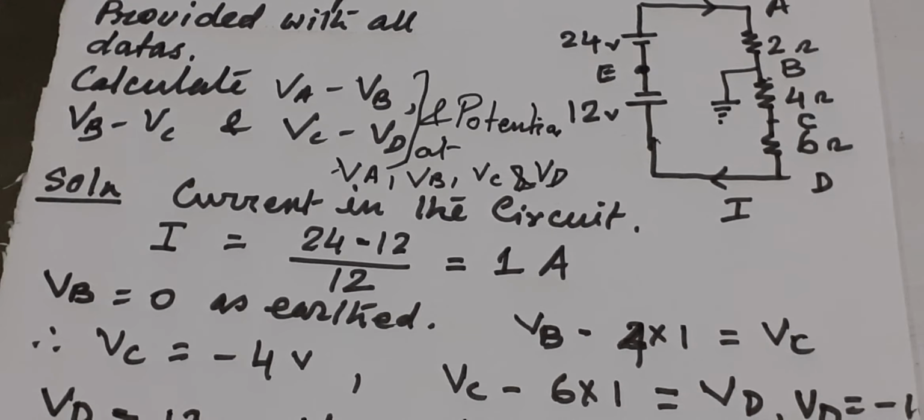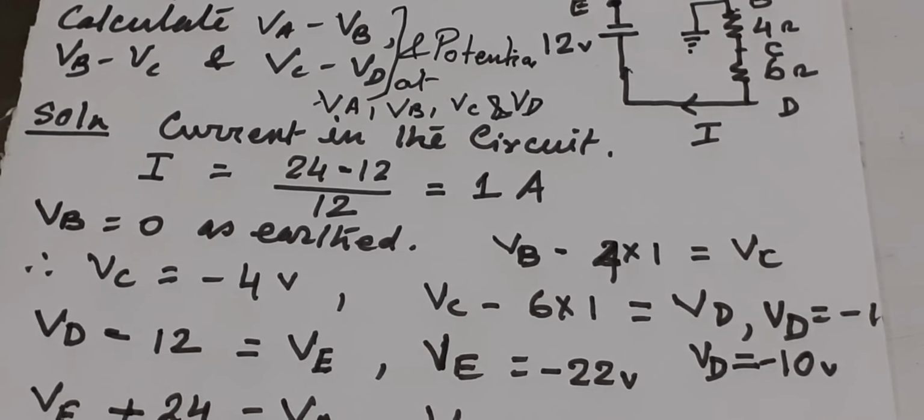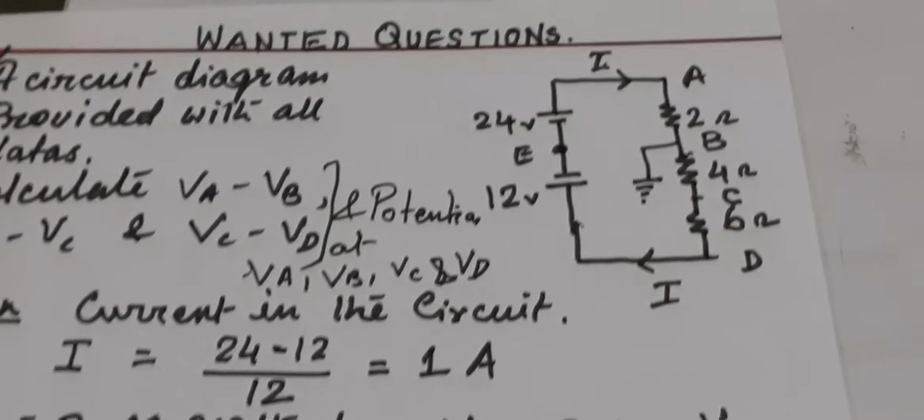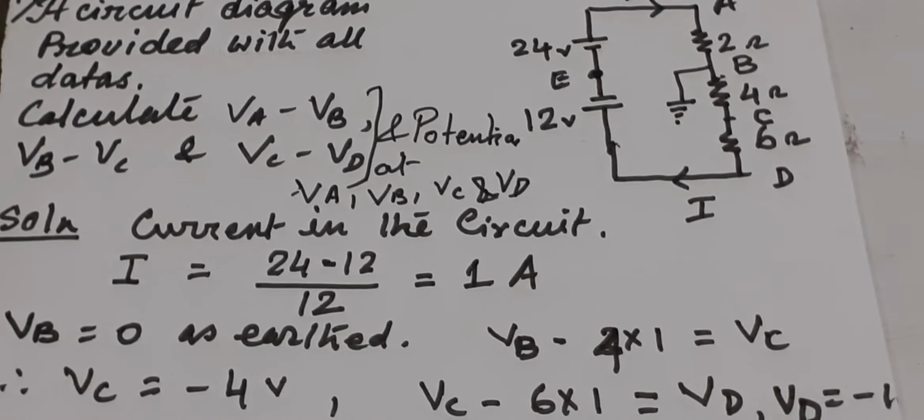Similarly between B and C, VB minus VC will give us 4 into 1, 4 volt, and then VC minus VD will be 6 volt. That is a very easy way you can handle this job. But if the question asks that you have to calculate potential for A, B as well as for C and D, then you can follow this technique.